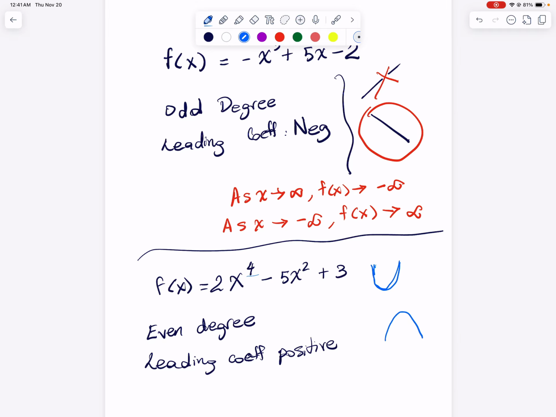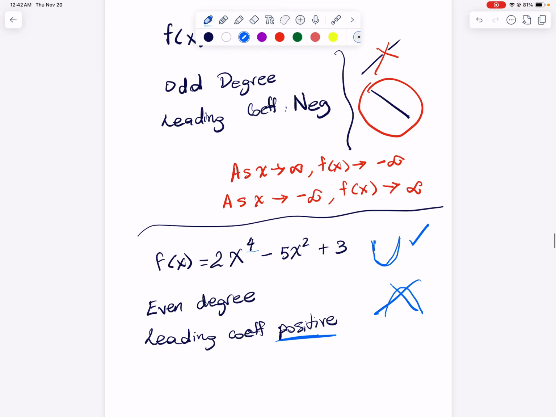However, we do know it's going to open up or open down. Because the leading coefficient in this case is positive, it tells us that we're looking at something that opens up, that goes infinitely up to the left and up to the right, not this one.